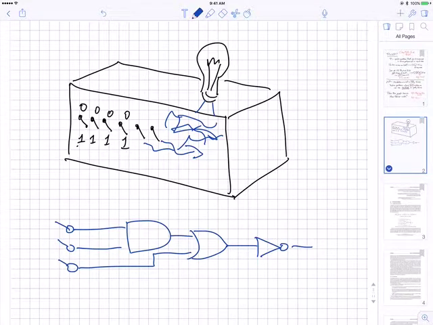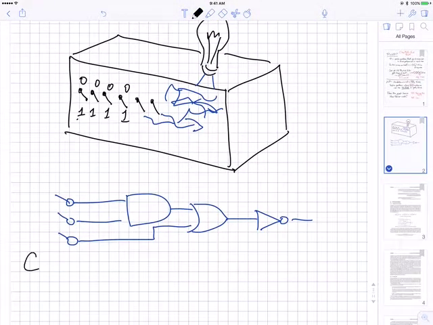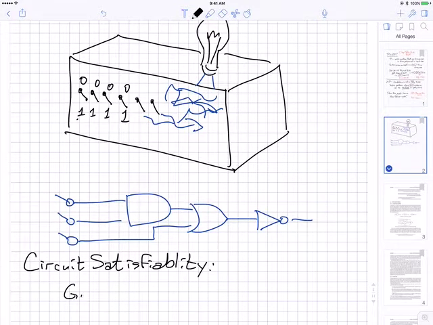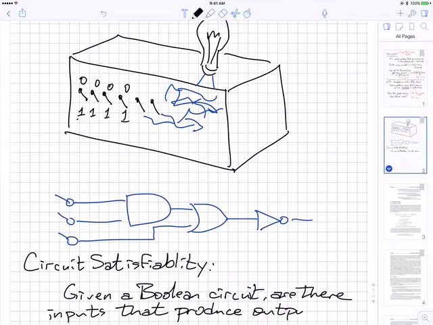Okay. So this problem is called circuit satisfiability, which is, given a Boolean circuit, are there inputs that produce the output 1?